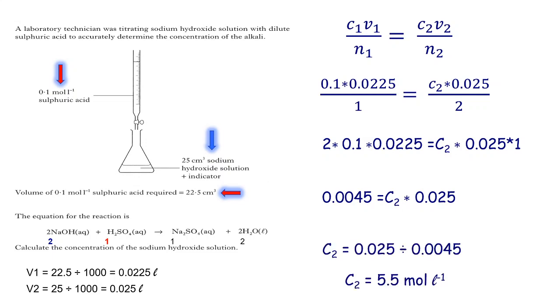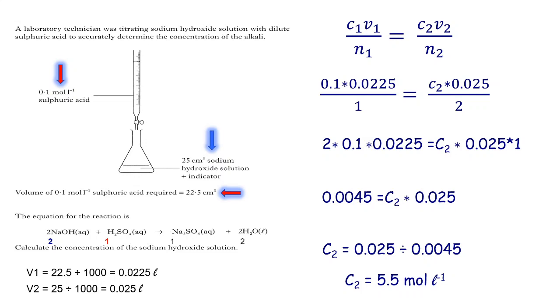That means the concentration is equal to 0.0045 divided by 0.025. That means our concentration is 0.18, and we shouldn't forget to write the units and express the units in the right format. So it is mole per liter.